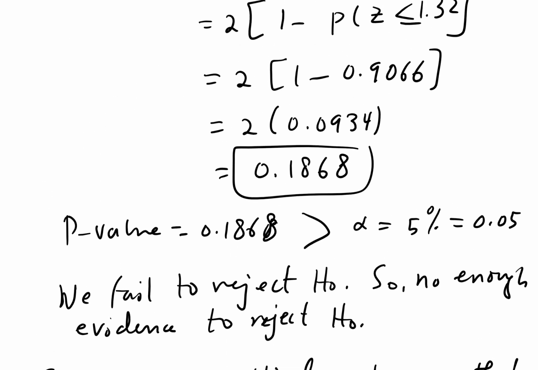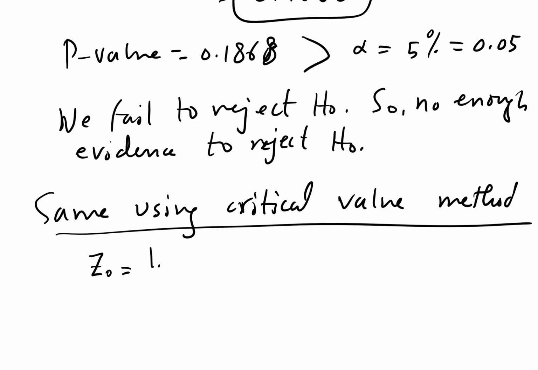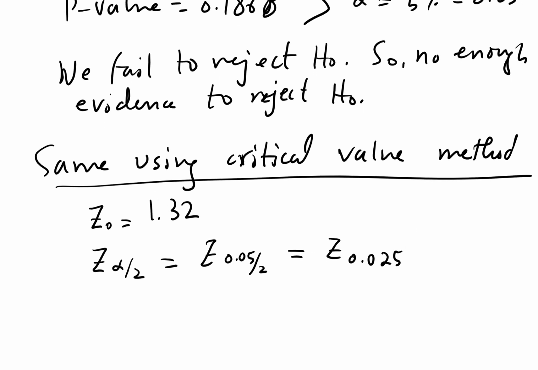We found z sub 0, and it was 1.32. What we need to do is find z sub alpha over 2. Alpha was 0.05 divided by 2, so z of 0.025.